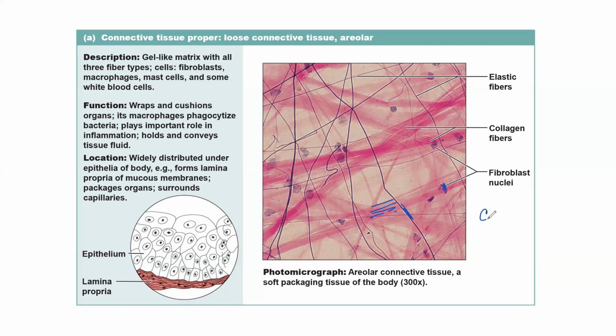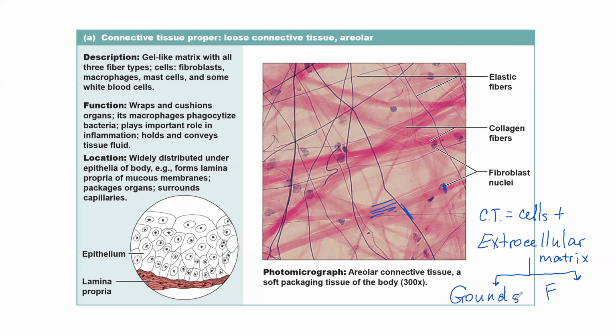Actually, connective tissue is made of cells. Of course, tissue cannot be made of anything else. Tissue is a group of cells. So we have cells plus what we call extracellular matrix. And extracellular matrix is made of ground substance and fibers.